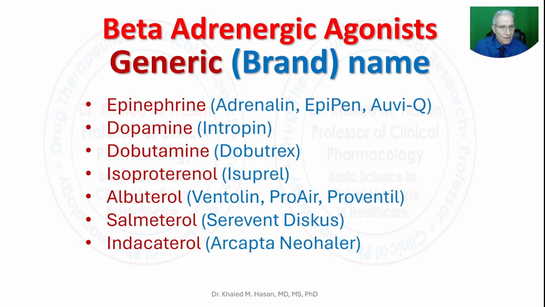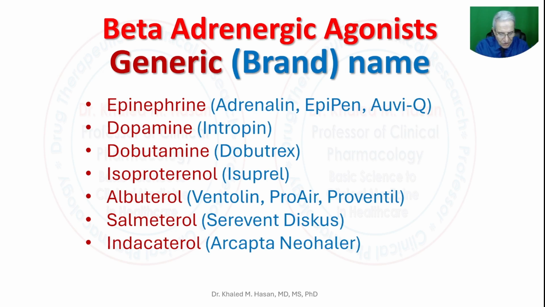We use epinephrine with the local anesthetic to reduce bleeding, to increase the activity of the local anesthetic, and to prevent systemic effects of the local anesthetic. So we have several benefits of adding epinephrine to the local anesthetic. Dopamine stimulates dopamine receptors, beta receptors, and with increasing doses stimulates alpha receptors.